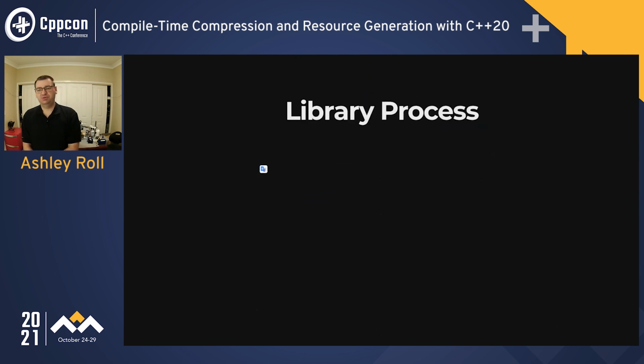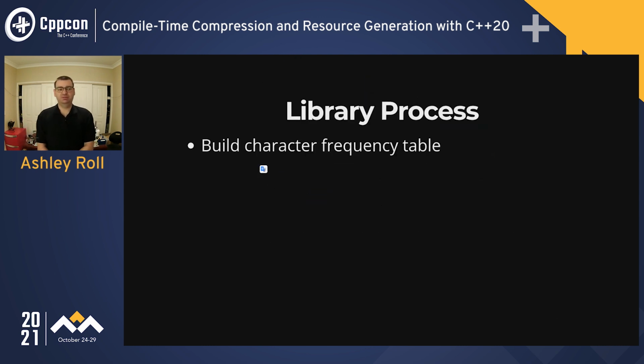Okay, so the library process, when it works, first of all calculates the character frequency table. So essentially it goes through all of the strings and builds a lookup table with 255 entries, i.e. the number of characters there are, and counts how many occurrences there are of each. We then use that to build a Huffman tree in memory, which is hierarchical, and it's not really a balanced tree often.